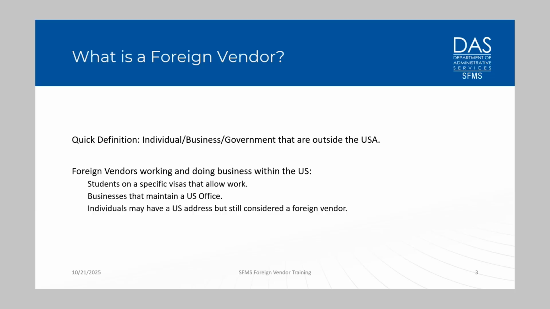We have had examples of this in the past of students on a specific visa that are allowed to work, businesses that maintain U.S. offices, or individuals that have a U.S. address but are still considered foreign vendors because although they might be here for work, they still go home.